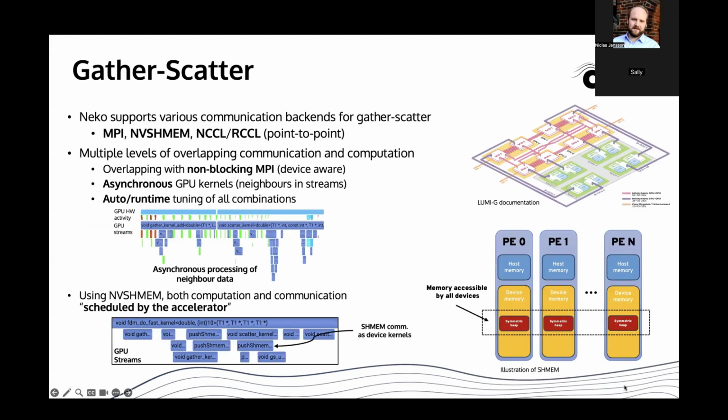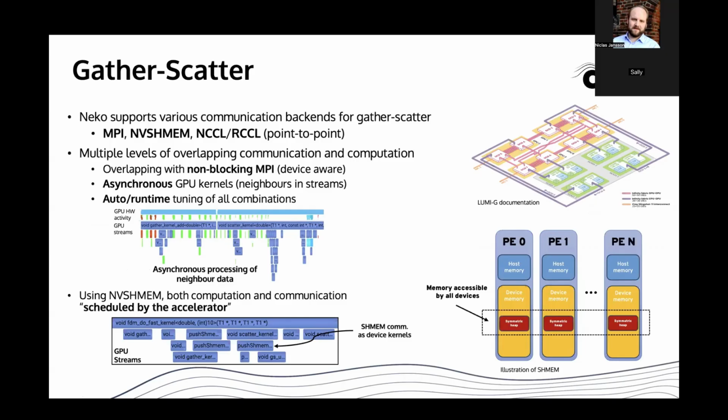And just an update here on what we support. Traditionally, we have only done MPI in Neko for the gather-scatter operations, but we have recently managed to get a prototype for NVSHMEM into the code that will be part of the Neko 1.0 release, but it's more in a beta stage there.